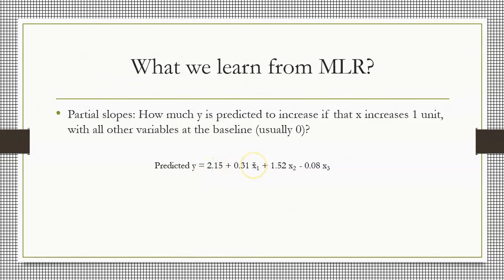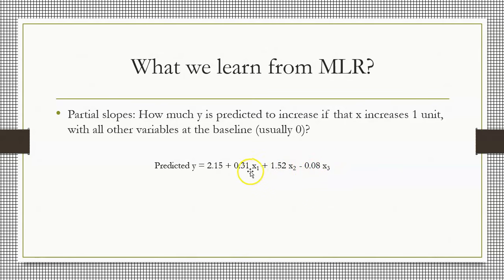We're just saying here, if I increase my x1 by 1 unit, I expect my y prediction to increase by 0.31 units, assuming these others are held constant at any value. It doesn't matter what value.